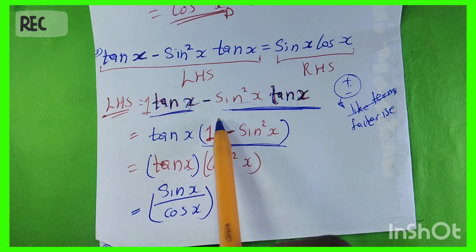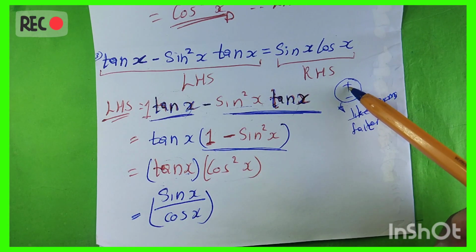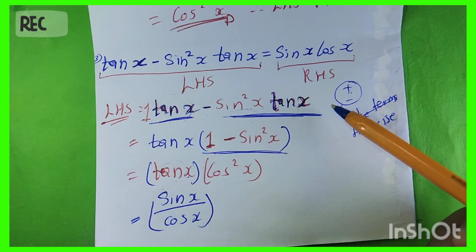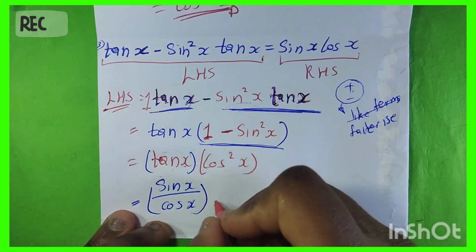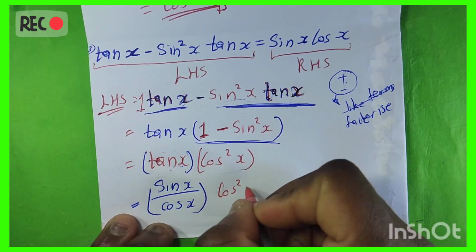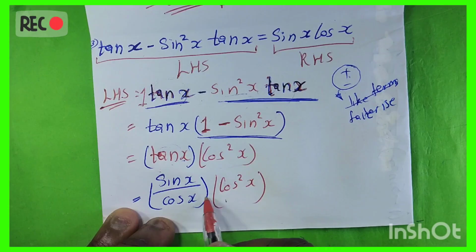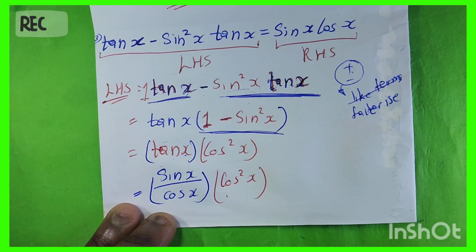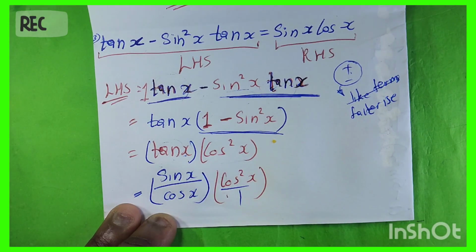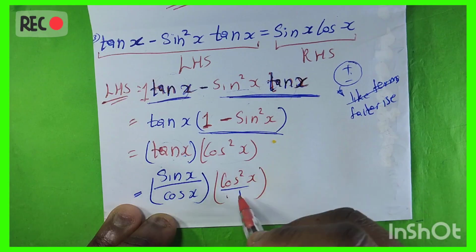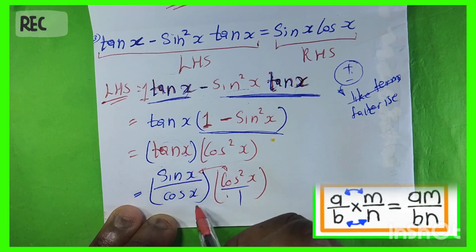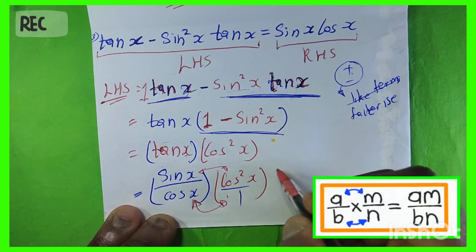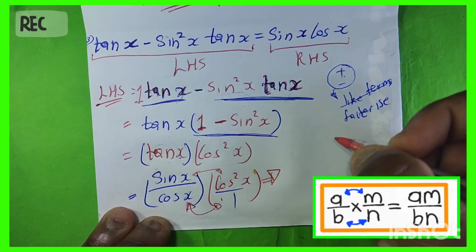It will be difficult, guys, working with fractions if there is plus or minus. But if there is no plus or minus, such as in this question, here there is no plus or minus, I can put an invisible 1 so that I just multiply denominator to denominator, numerator to numerator.